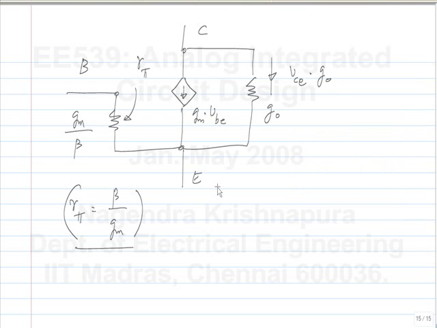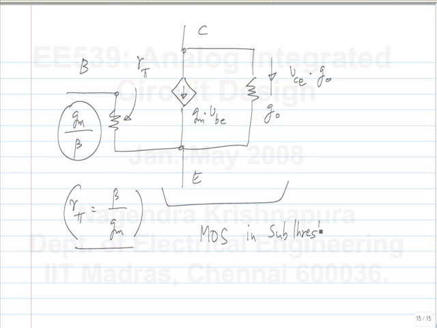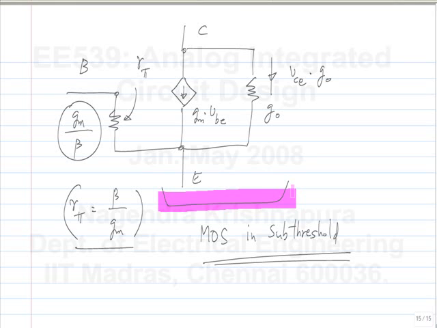Now the model of a MOS transistor in subthreshold is the same as this, except that this conductance is 0. Okay. So if you have a MOS in subthreshold, we will have only these two elements. Okay. And we won't have this one.